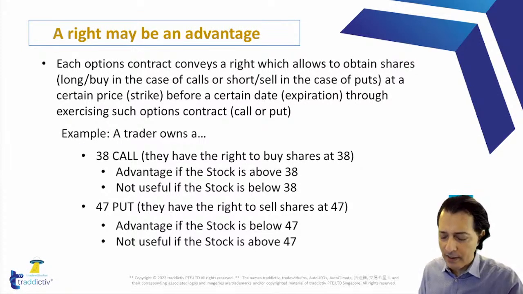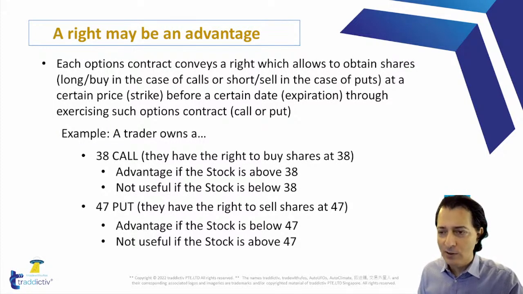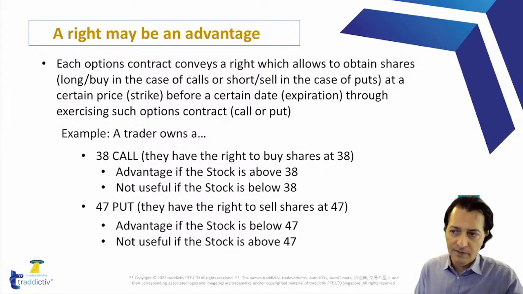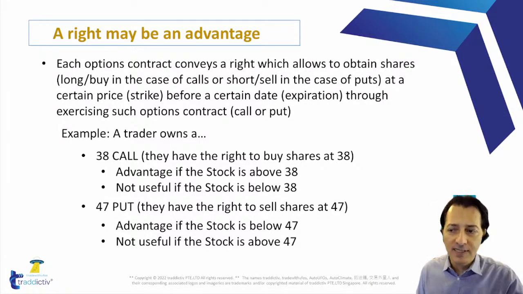Let me read the slide, even though I'm not a fan of reading slides, because that definition is important and I don't want to miss any word. It says that each options contract conveys a right which allows you to obtain shares, either long if it's a call or short if it's a put, at a certain price before a certain date, the expiration date, through exercising the options contract.